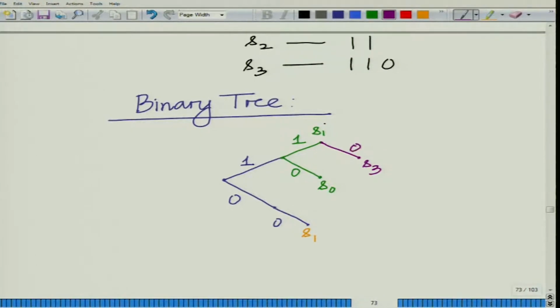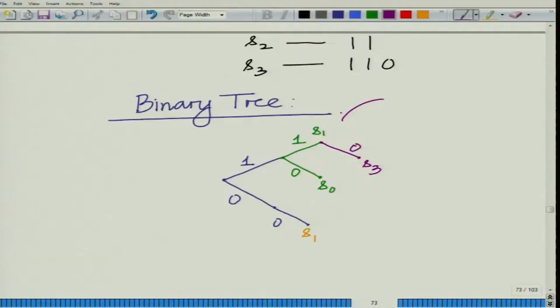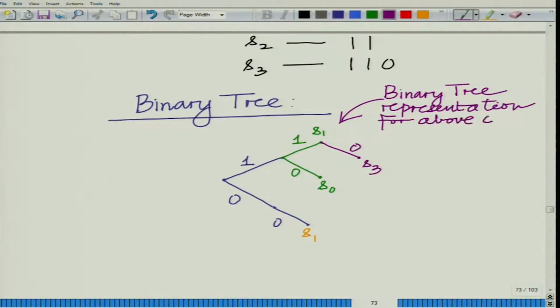So we have represented the code using a binary tree. We have simply represented the code using a binary tree, this is the binary tree representation for the above code.